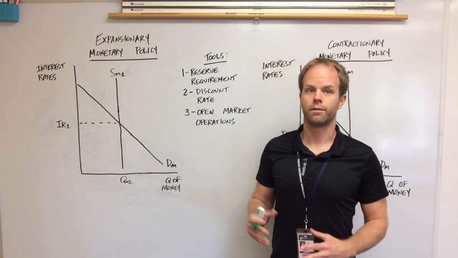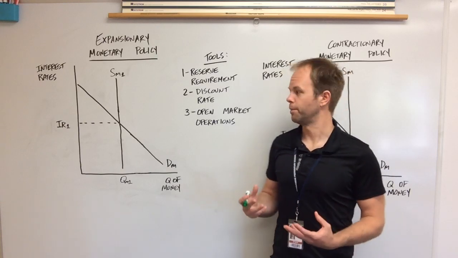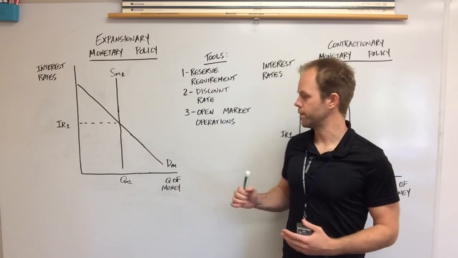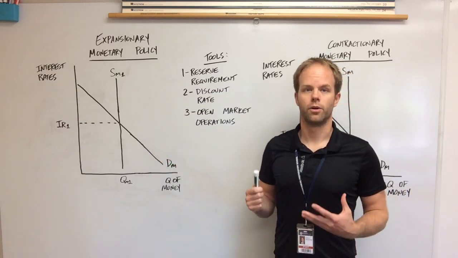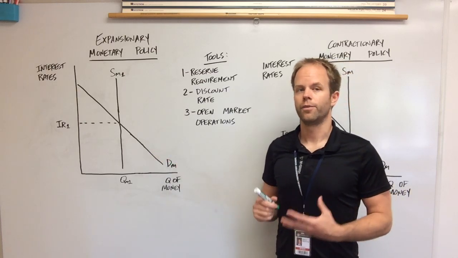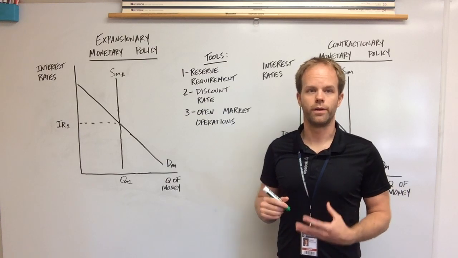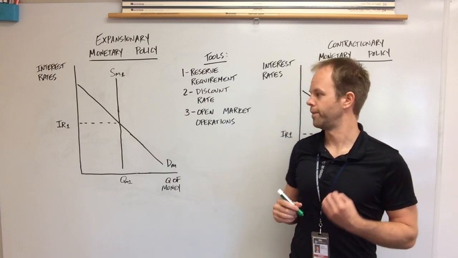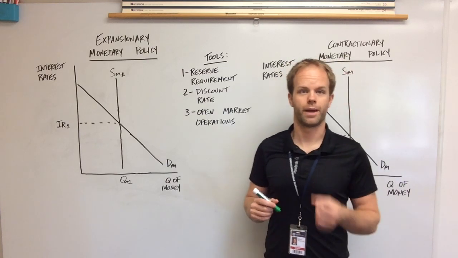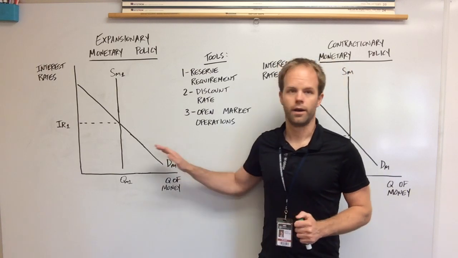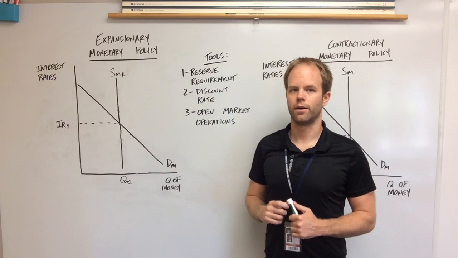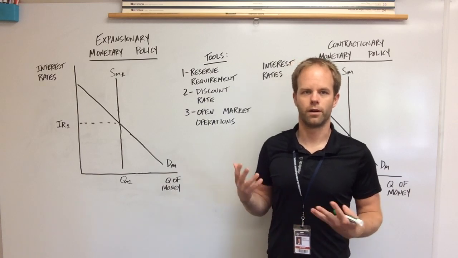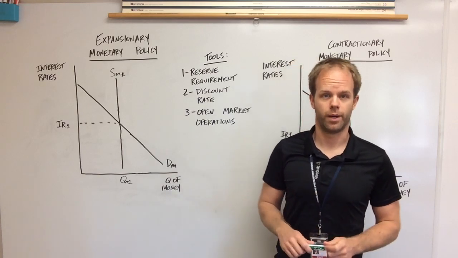If business confidence and consumer confidence are both high or increasing, we'll see that the demand for money will also increase. Now, the opposite's also true. If we're in a really deep recession and there's very low confidence, or let's say a pandemic, right, the demand for money is going to decrease because people really aren't interested in loaning out more money. They're worrying about keeping the money that they do have, right?